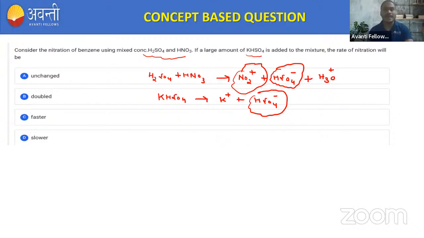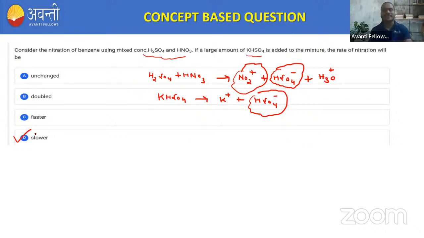अब हुआ क्या, जैसे इस मिक्सचर में you put KHSO4, so KHSO4 decomposes to give K plus and HSO4 negative. So we have two HSO4, this is called common ion effect. ये एक ही सॉल्यूशन में जब दो सेम आयन आ जाते हैं, तो उसको बोलते हैं कॉमन आयन इफेक्ट. And due to this common ion effect, a backward reaction will take place, so the formation of NO2 plus decreases, so we can say that the nitration process becomes slower.